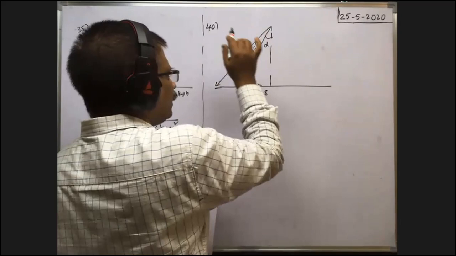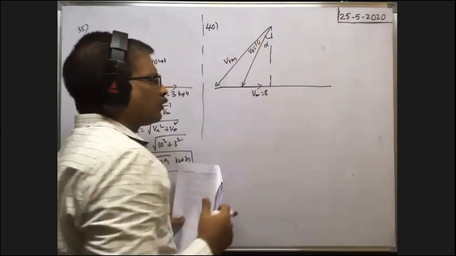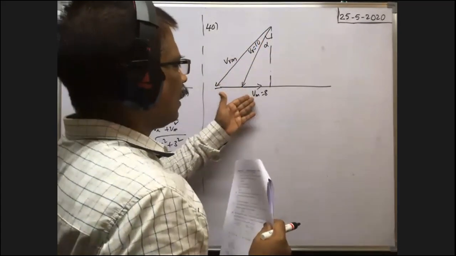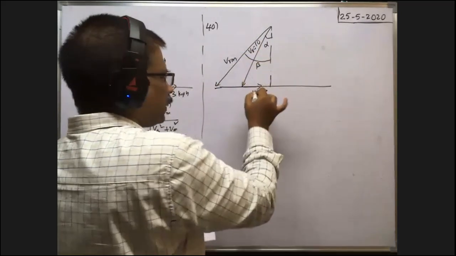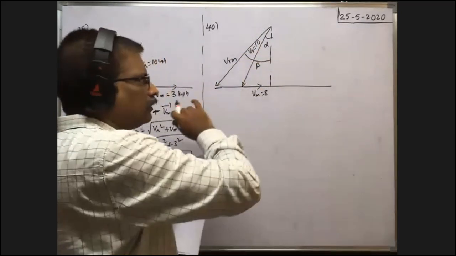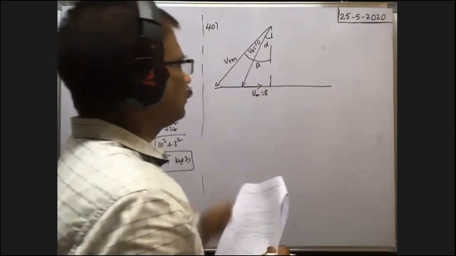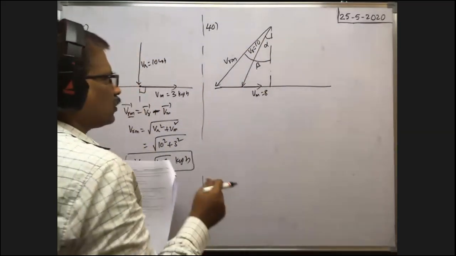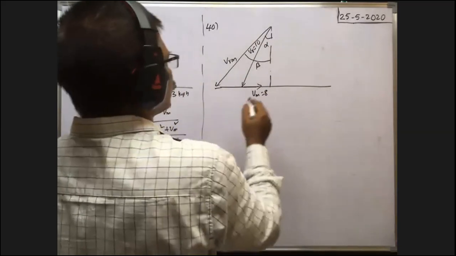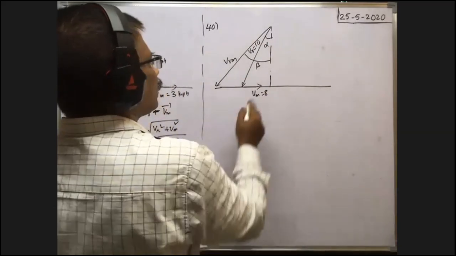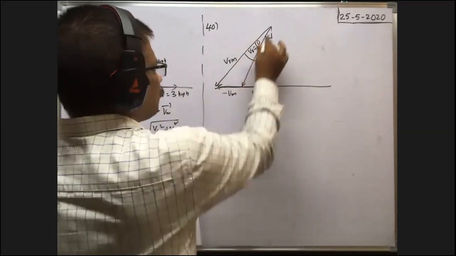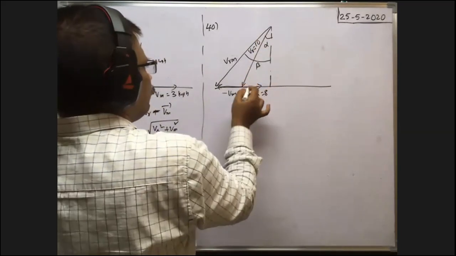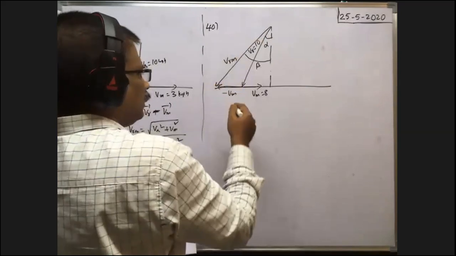Whenever the rain is observed by the man or girl running opposite to the direction of the rain, the rain appears to be falling at an angle beta with vertical. This information is given. Now here you see Vr, Vm and Vrm. Is the condition satisfied?